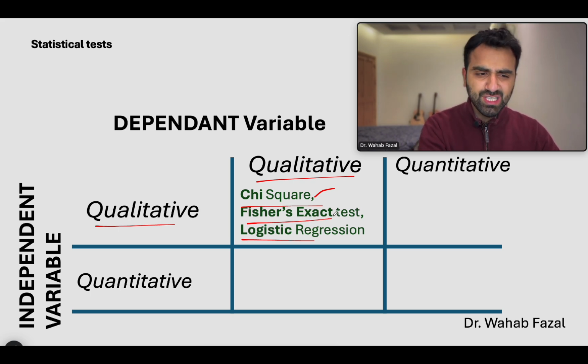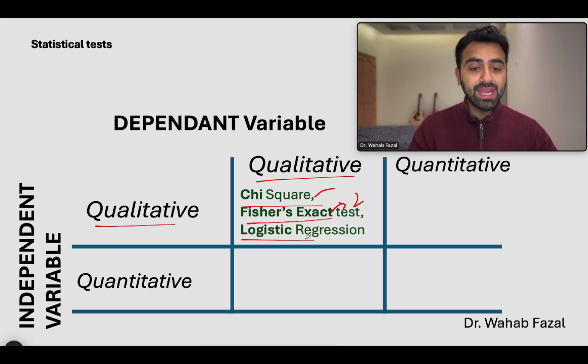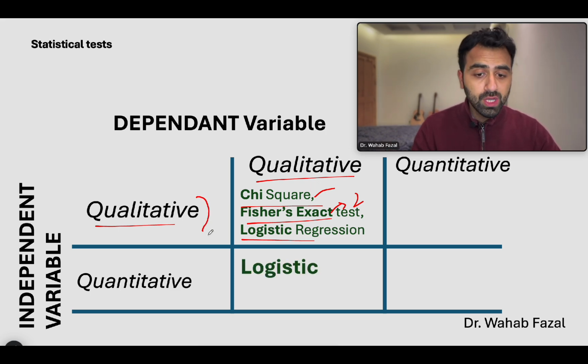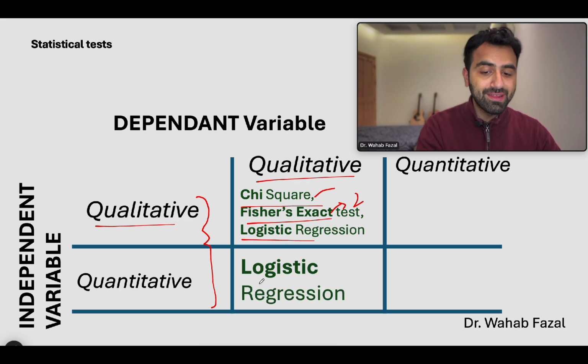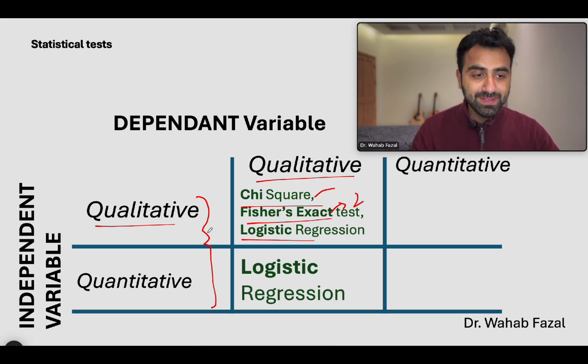Fisher's exact test is for small sample sizes between exactly two qualitative variables. Logistic regression is statistical magic. It predicts a qualitative outcome happening based on both qualitative and quantitative types of independent variables. Statistical magic.